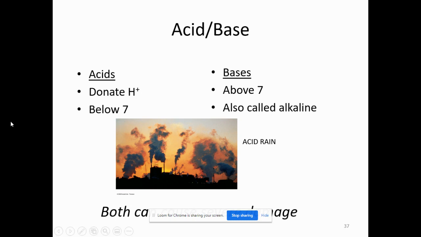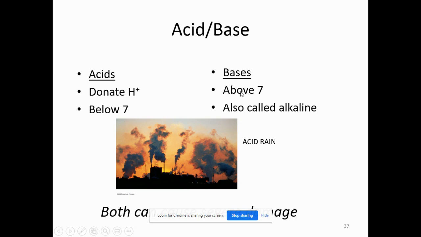You have acids that readily donate hydrogen ions. On that scale, which goes from 1 to 14, 7 is neutral. Where do you think our body likes to be? Around pH 7, neutral. But the further you get away from 7, the more acidic the solution is, and the more readily those acids donate hydrogen ions, so the more hydrogen ions are in solution.